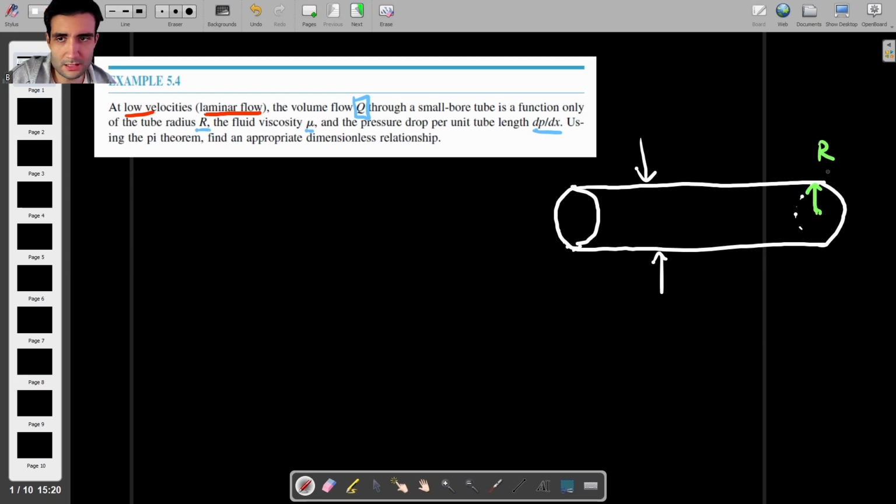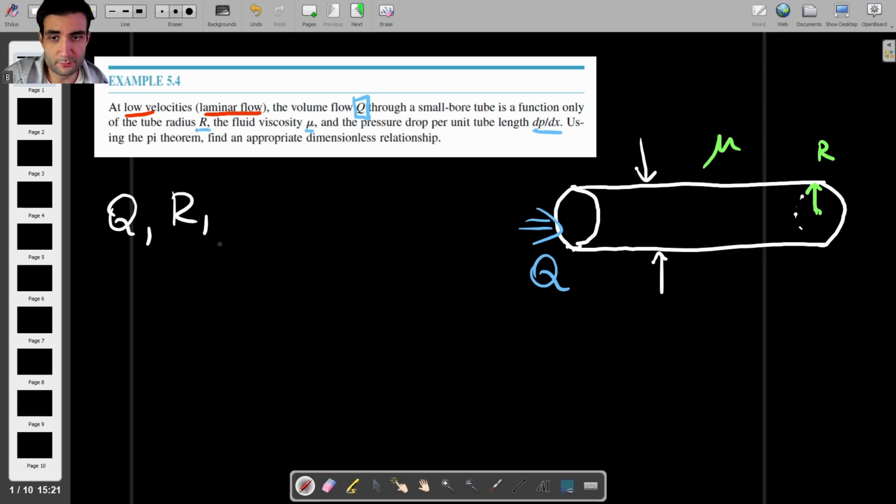So we have a radius r, we have a fluid viscosity mu, and we have a certain pressure gradient dp by dx, and the volume flow rate is what goes through. So let's write all the variables. We have Q, we have r, we have mu, and we have dp by dx. In other words, we have four variables.